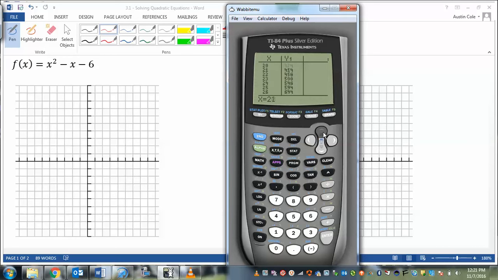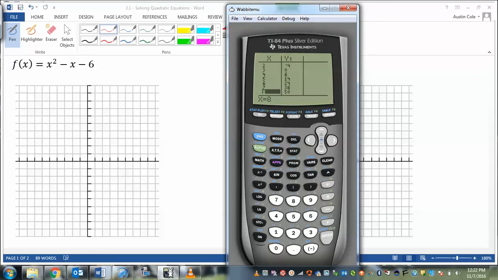What are we looking for on our table? 0 where though? On the y. Would you guys agree that if something crosses the x-axis, the y coordinate at the x-axis is 0? Absolutely. So I'm looking to see where it's 0. And I think we would agree there that at, did I already pass it? At +3 and at -2, that's where it crosses the x-axis.